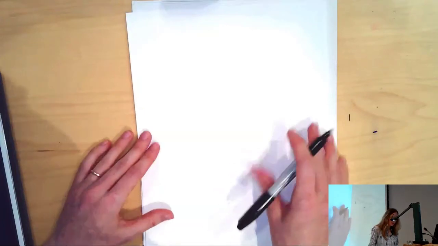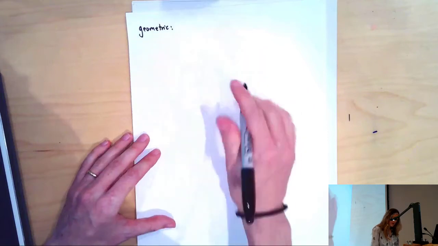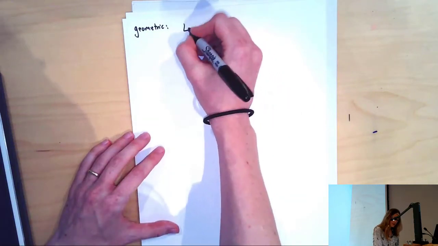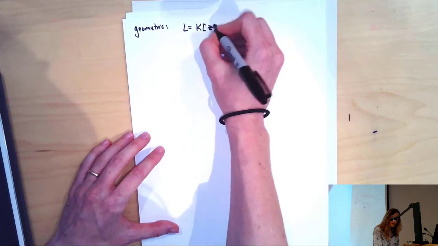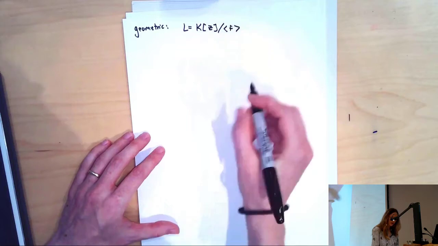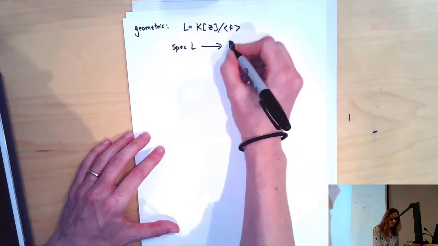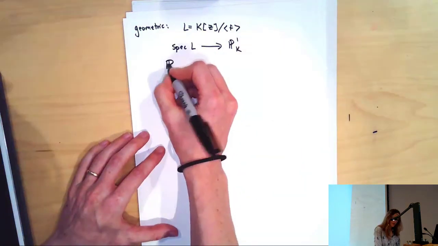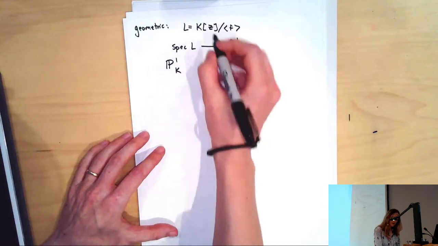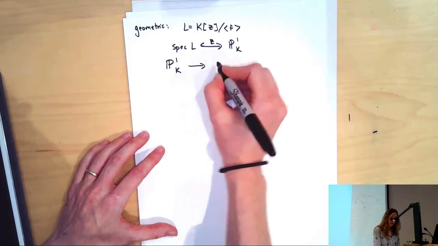Let's show that we have this structure. So we'll do the geometric one. If L is K adjoin Z over some polynomial, so we've chosen a generator, we get an induced map from spec L to P1 over K. And we can form a backwards map by crushing, so this is a closed immersion corresponding to this point, by crushing everything but that point.